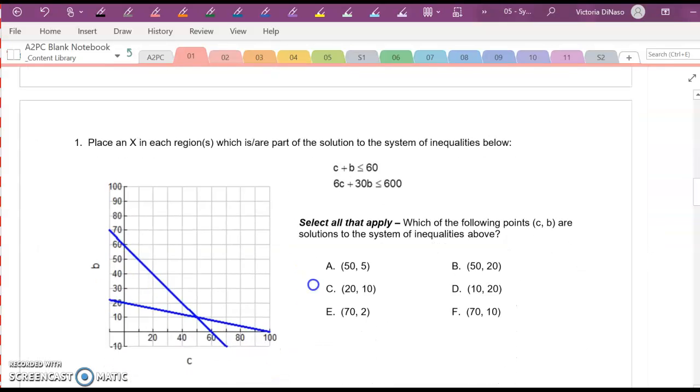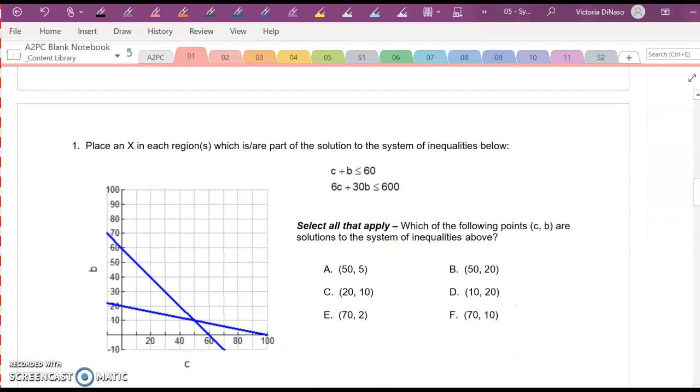So starting with number 1. All right, number 1, we're going to have to figure out which line goes with each inequality. So we're going to put an A for the top one, and then B for the second one. So here's my A, and here is B. So we're going to figure out which line goes with which inequality.